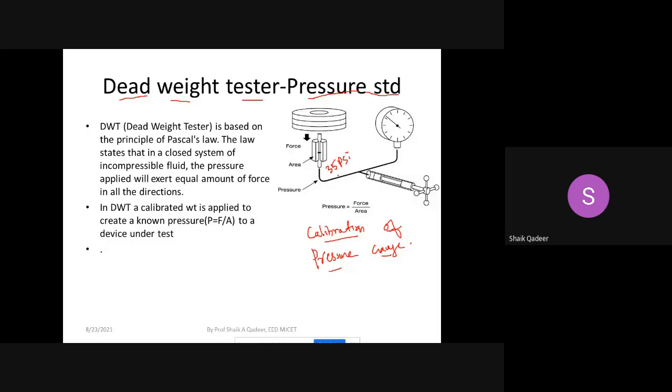Suppose we made a mechanism of creating 35 psi of pressure using this particular setup. I will also tell you what this setup is. If the gauge which is under calibration is also showing 35 psi, what will we say? It is all good, quality check. Hope it is clear to everybody.